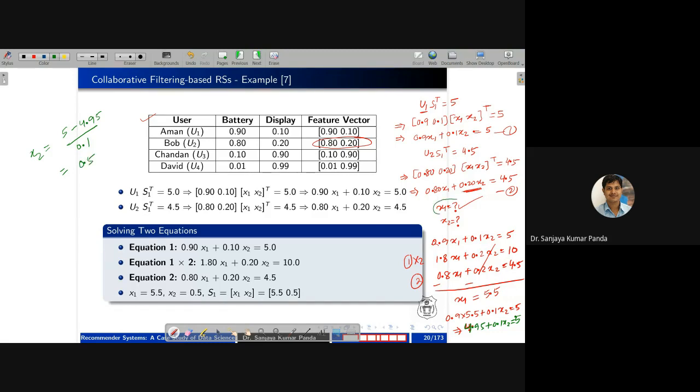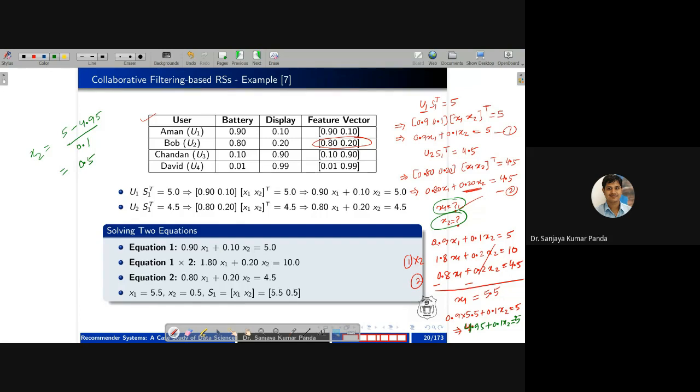Now you know the value of x1 and x2. So by taking the rating matrix and the user feature matrix, you would be able to find the item feature matrix. Now similarly, you have to find the feature for user 2 as well.